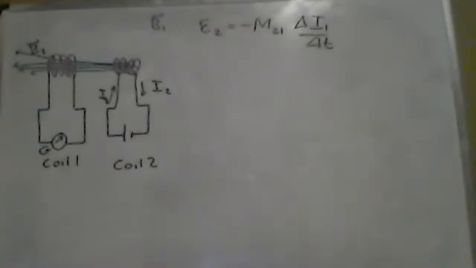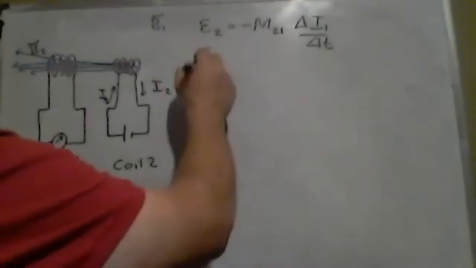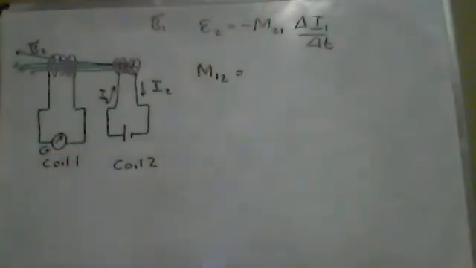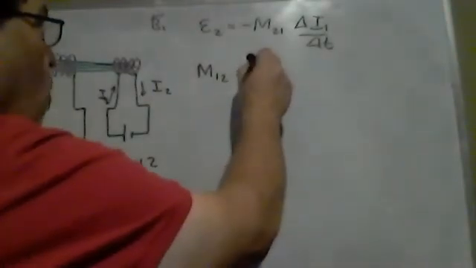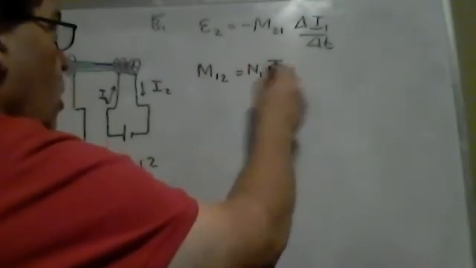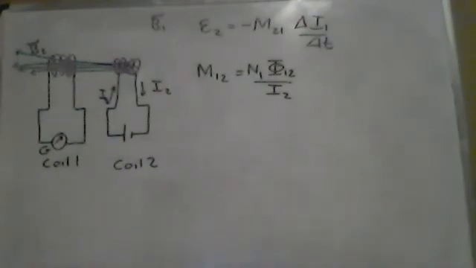In that particular case, I would define an M12, and I would say that that's going to equal N1 B12 over I2. Again, exact same math as I did before.